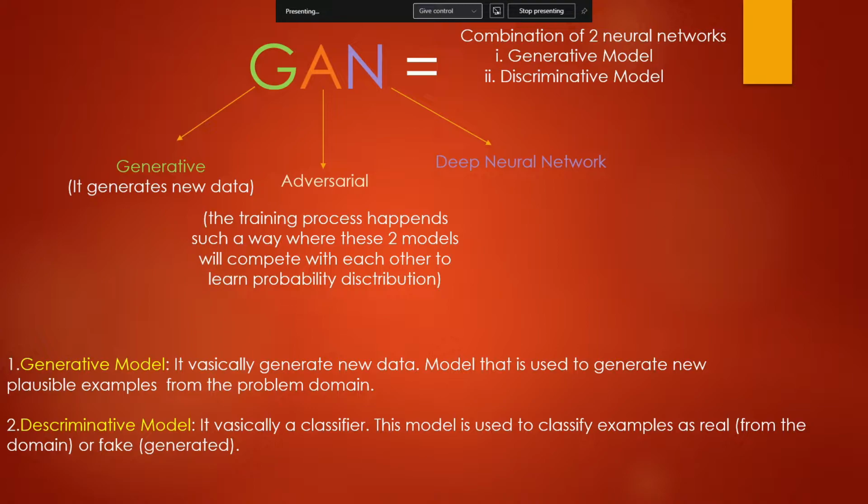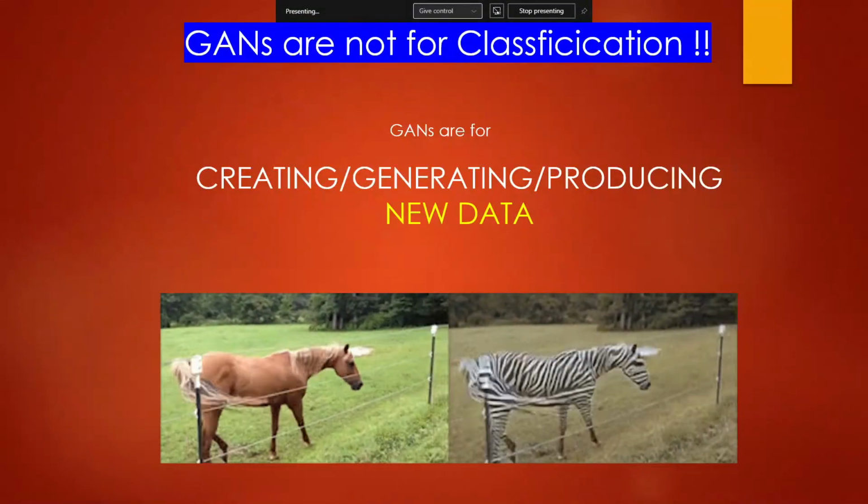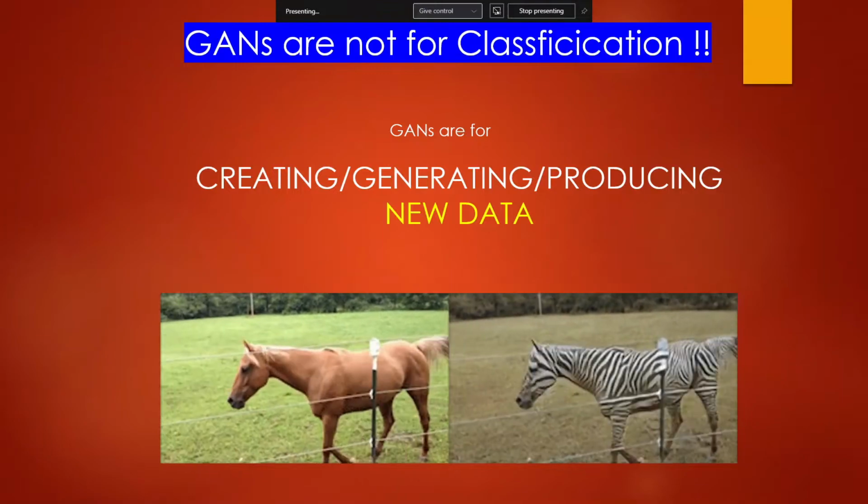It will classify whether the data provided by the generative model is real or fake. If it's real, then it's from the domain, and if it's fake, then it's generated. What I mean by generated, I will talk about in a later slide. So this is what GANs can do.